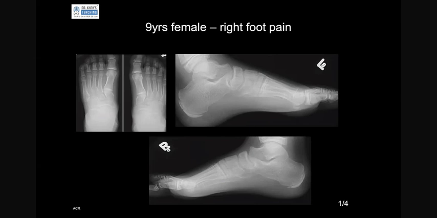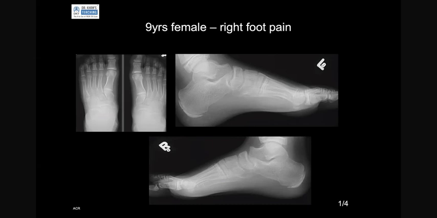For talocalcaneal coalition, the axial view is the best view. Of course, some findings in talocalcaneal coalition can be seen on the lateral view also, particularly if it is a bony type. There are three types of coalition, pathologically speaking: bony, cartilaginous, and fibrous.